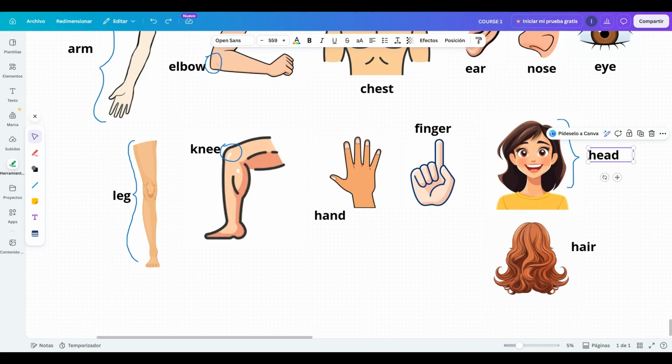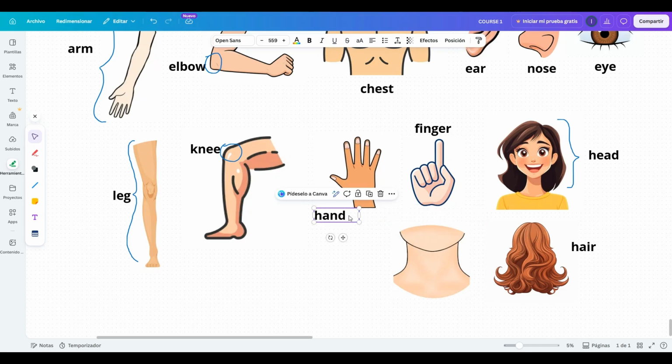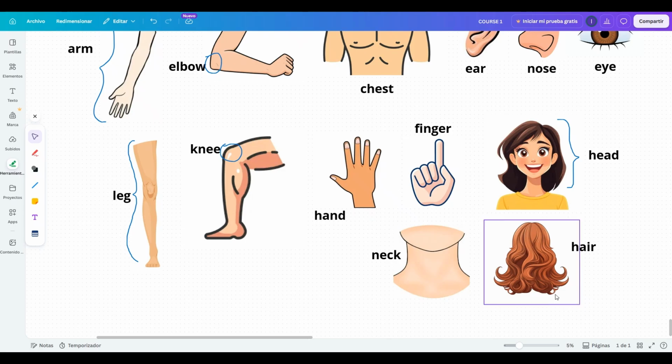Another part of the body, right? So here, what is this? Okay. Neck, right? Neck, all right. Neck. But what about face? Which one can we use, right?